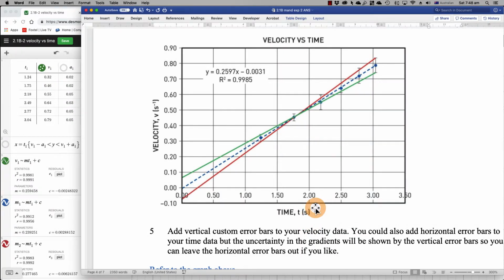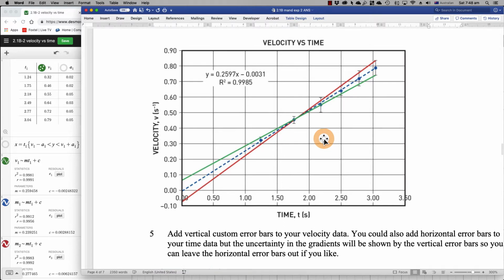I want to show you how to add these vertical error bars using Desmos. Now, these can also be drawn in Excel, but I think Desmos provides a more user-friendly environment than Excel, but look, it's up to you.